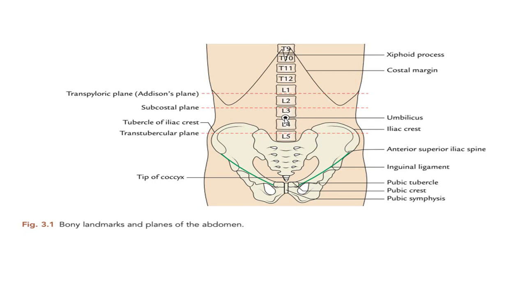As you can see in this picture, we have the umbilicus between the third lumbar vertebra and the fourth lumbar vertebra.